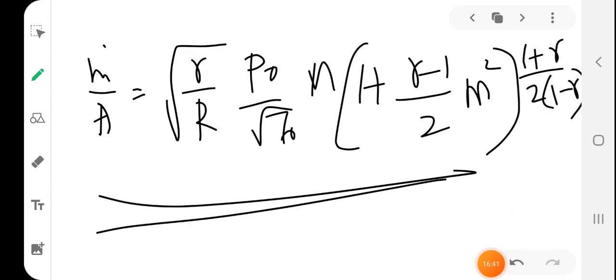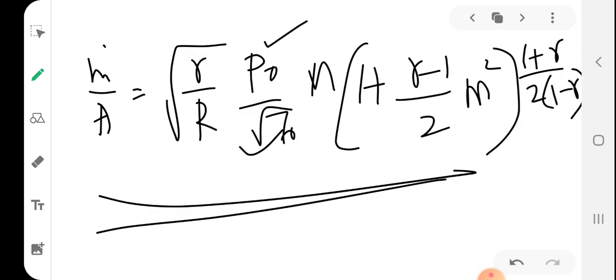So this equation shows that for a given local Mach number, the mass flux is proportional to what? Mass flux is proportional to stagnation pressure, inversely proportional to square root of stagnation temperature. So this is directly proportional to P0 and inversely proportional to the square root of T0.